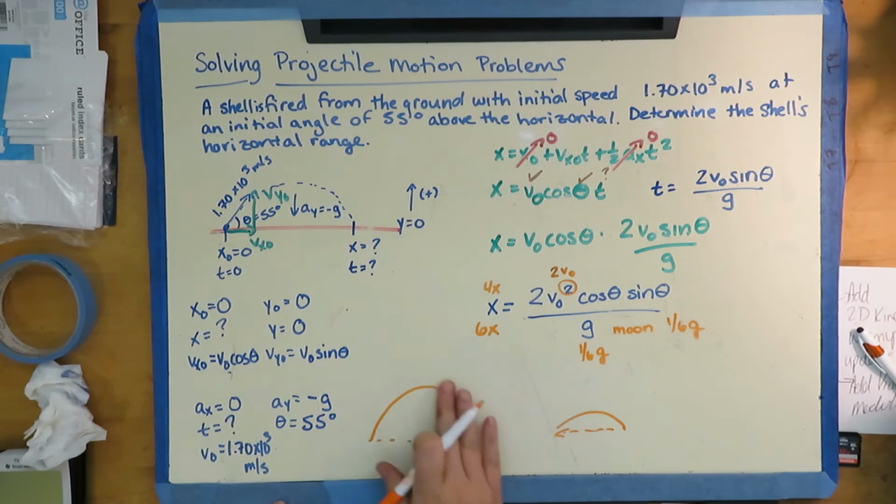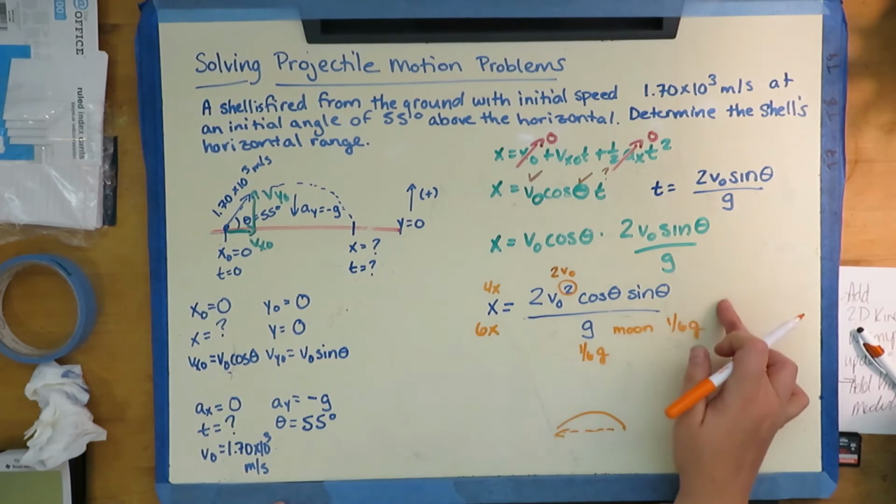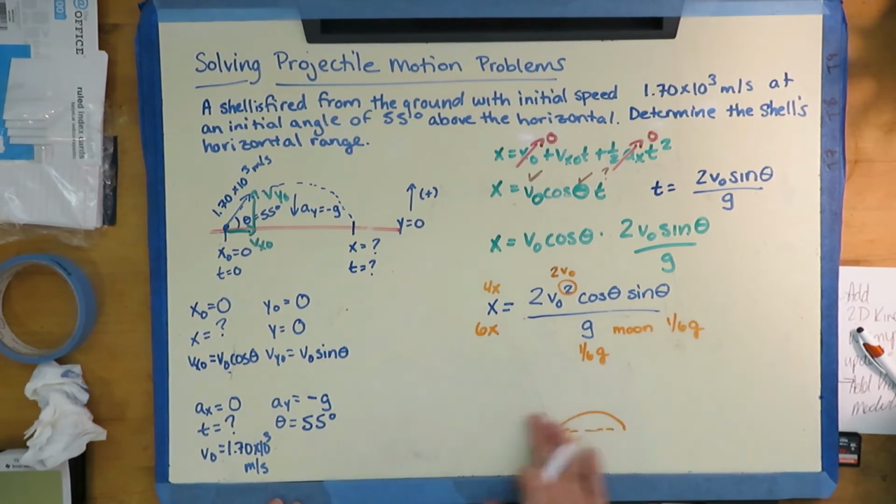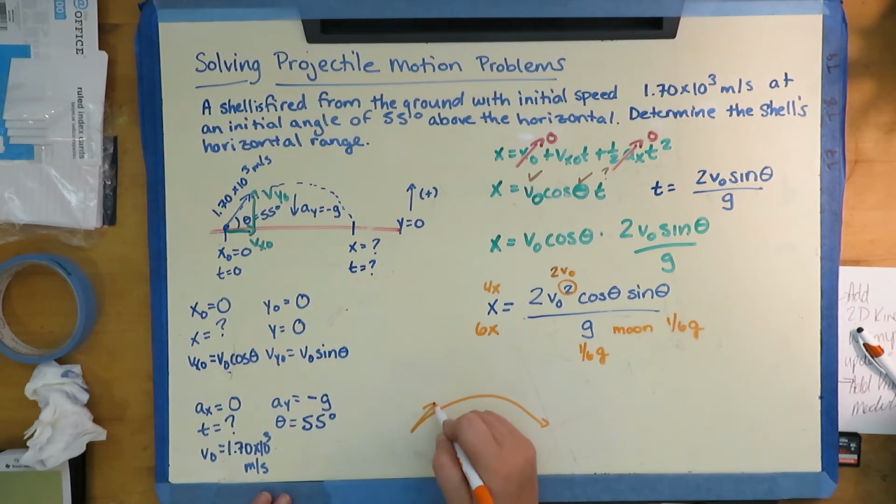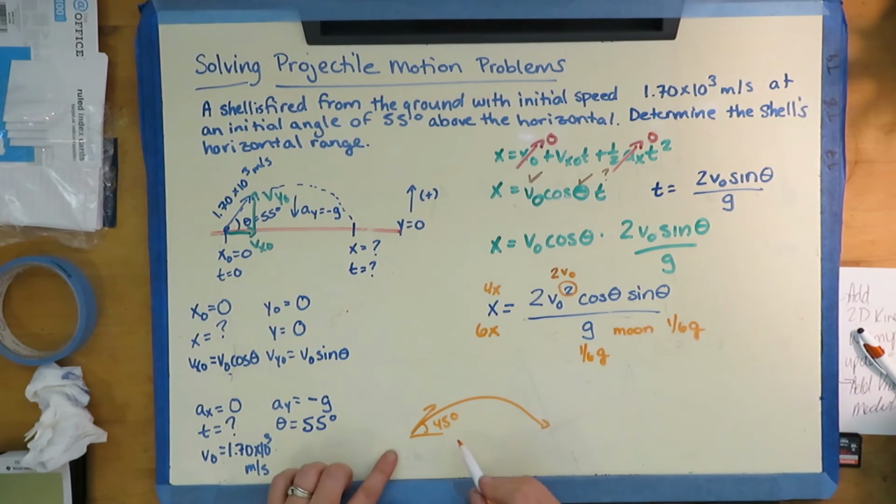And 45 degrees is going to give me the ability to maximize this. There are ways to mathematically prove that. If I have an initial launch angle of 45 degrees, that gives me my maximum possible distance for any particular speed.